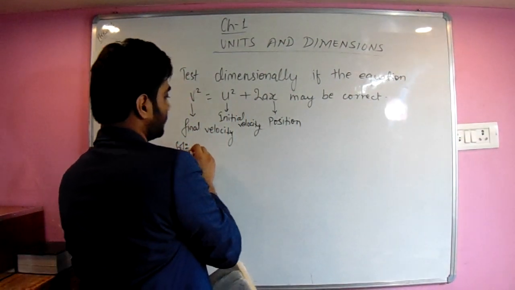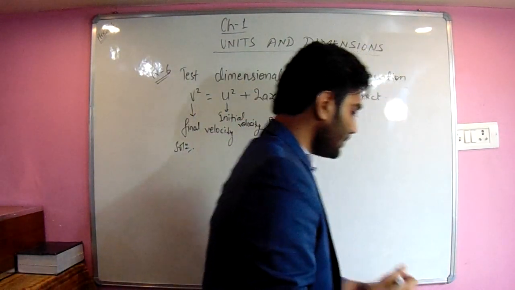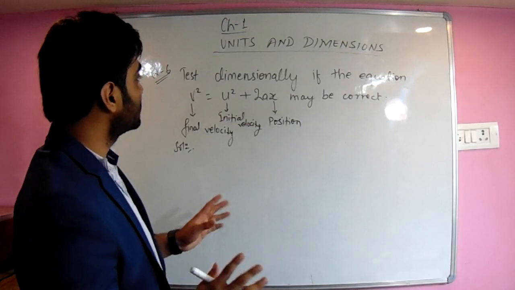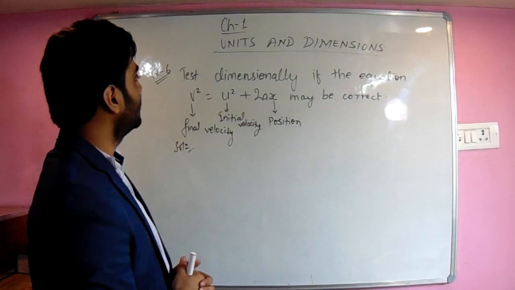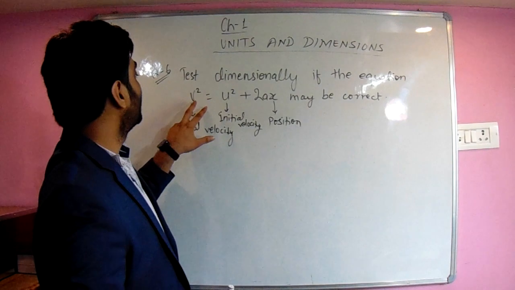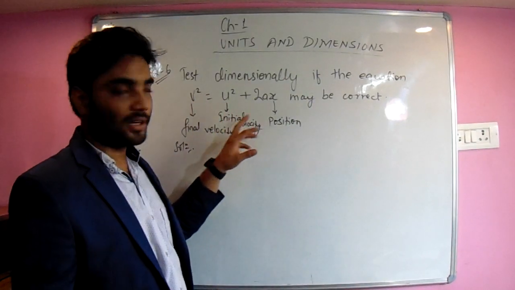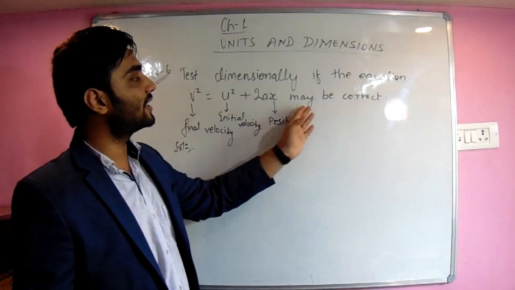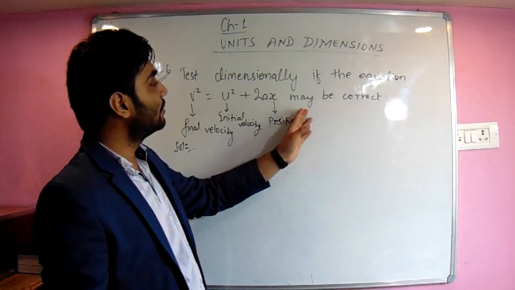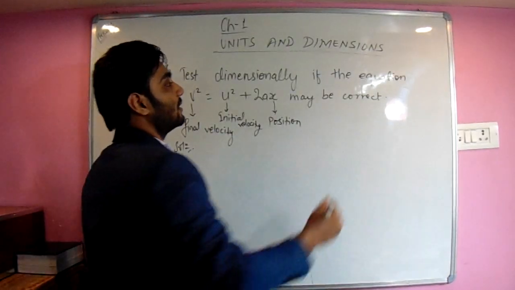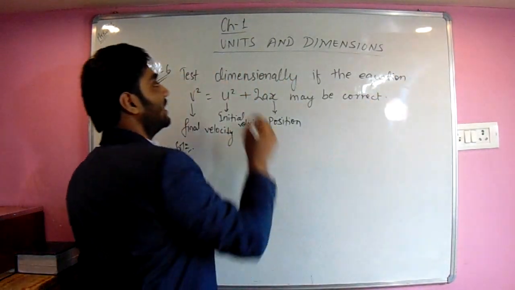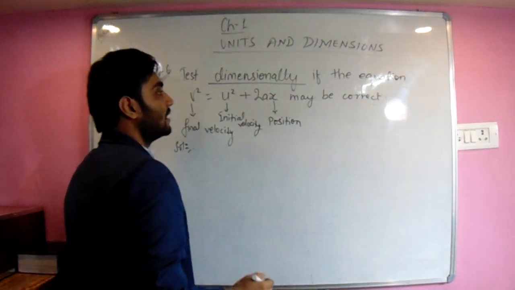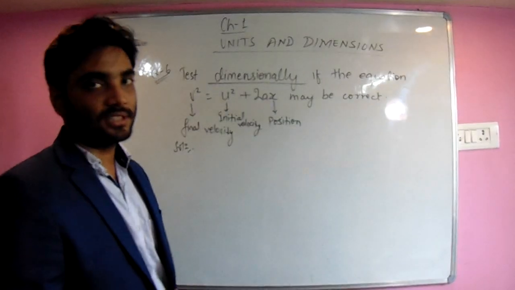Solution. The question is, is v square equal to u square plus 2ax correct or incorrect? You have to test it dimensionally. So how to test by dimension?